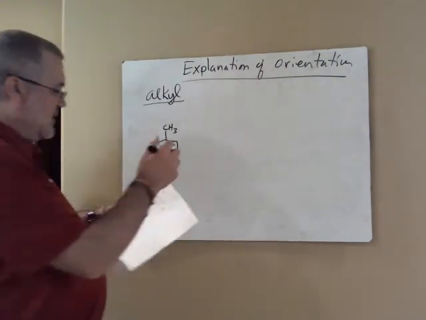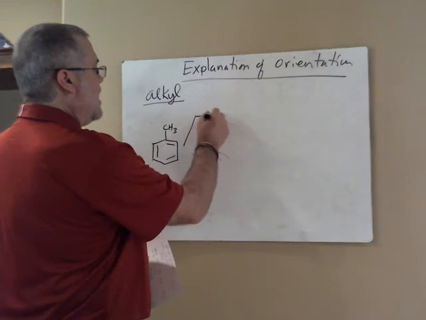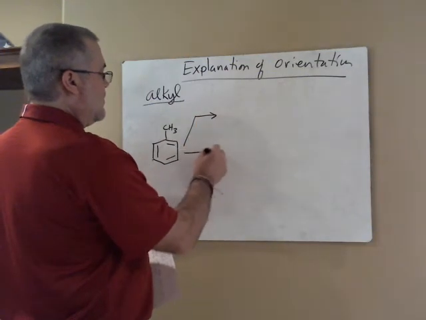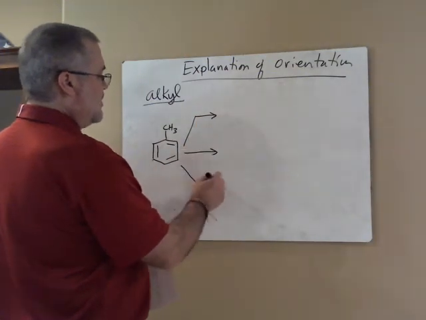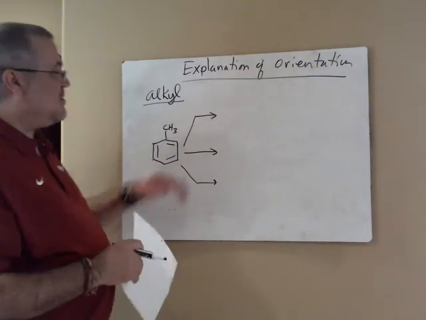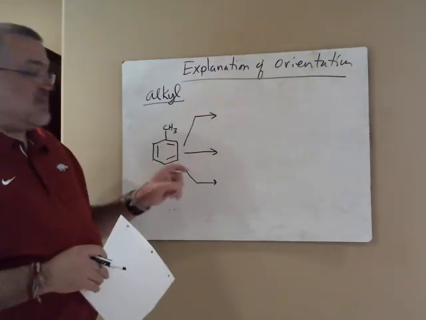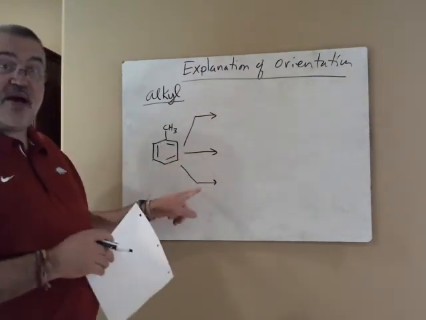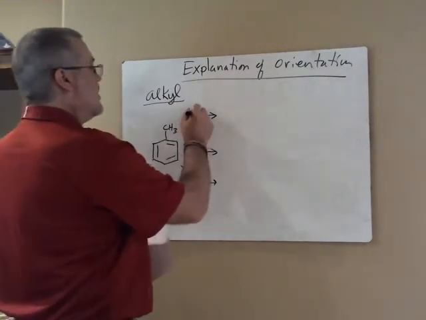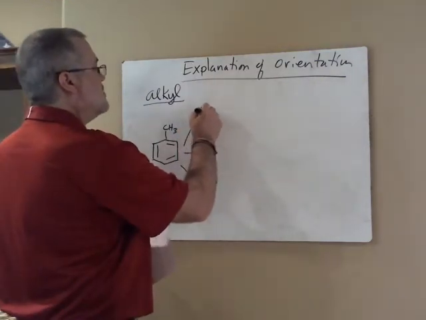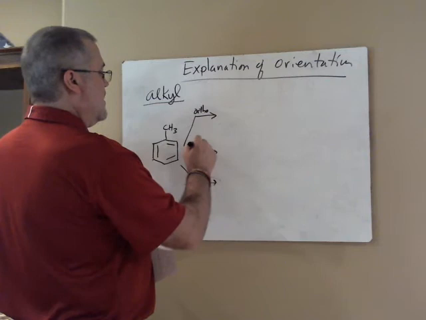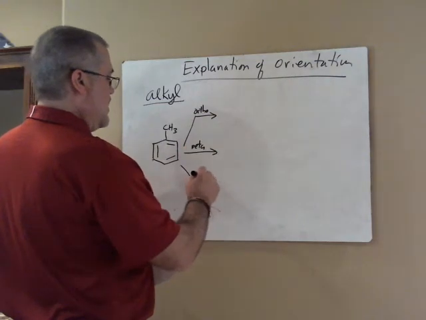And so mechanistically, as you know we've done before, I have to look at three different things. I have to look at what happens if the electrophile substitutes ortho, meta, and para. So I'm going to actually write that on here. Ortho, meta, and para.